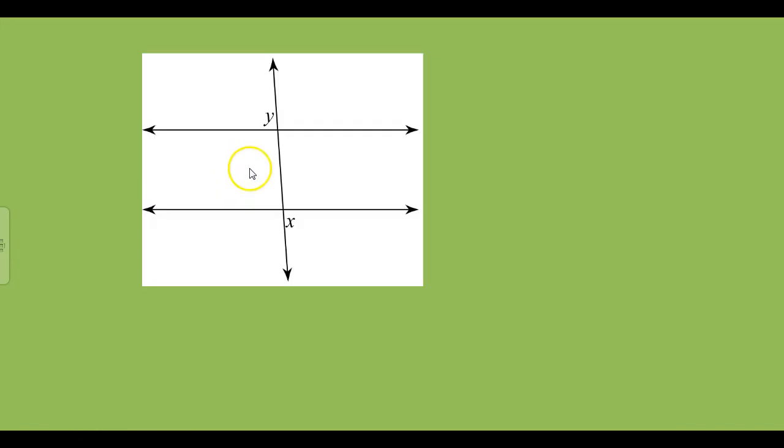Here we are going to identify angle pairs. If you look at angle Y and angle X, you should see that they are alternate exterior angles.